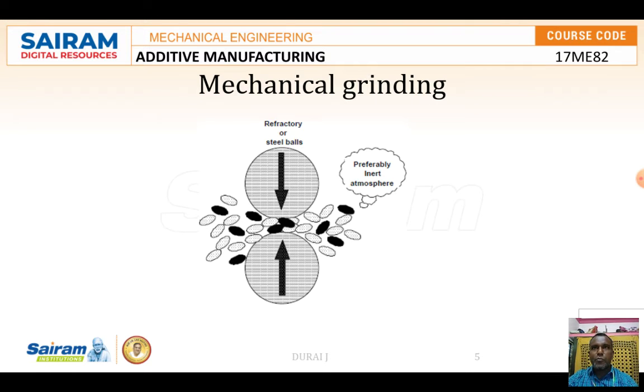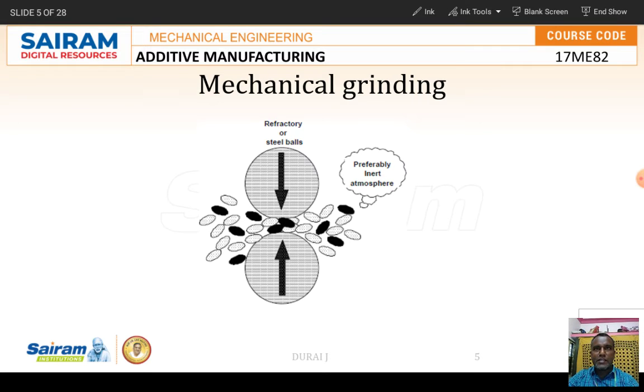It is popular for making nanocrystalline material because of its simplicity, its inexpensive experimental setup, and its applicability to essentially all classes of material. An advantage of mechanical grinding is the possibility of easily scaling up to tonnage quantities of materials for various applications.